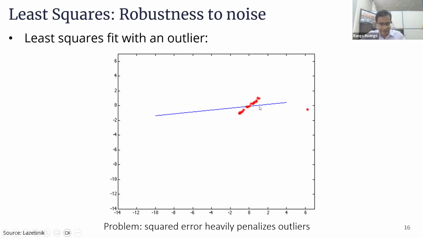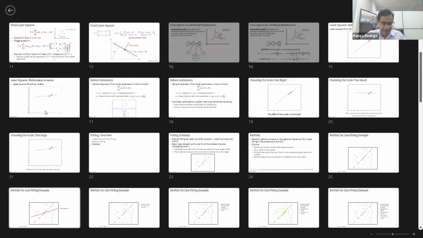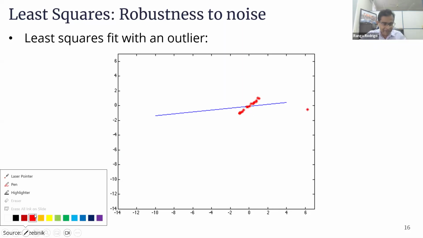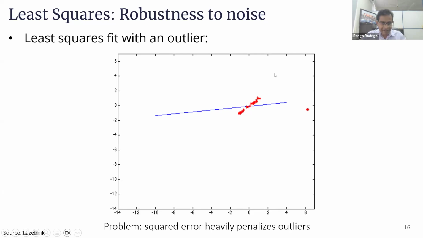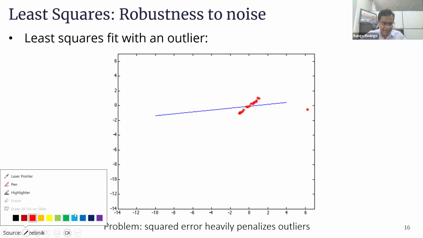So you can see the error between this and this is like 0.1 or something. If you take this line, assume that we somehow estimated the correct line.